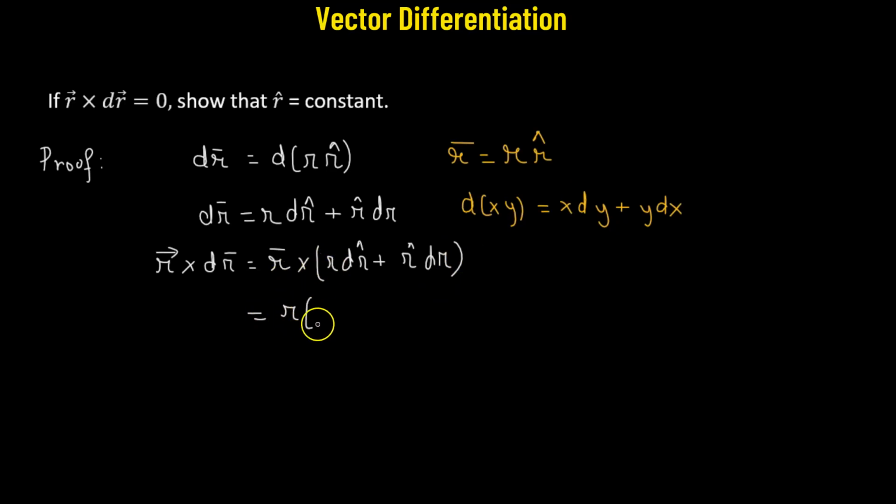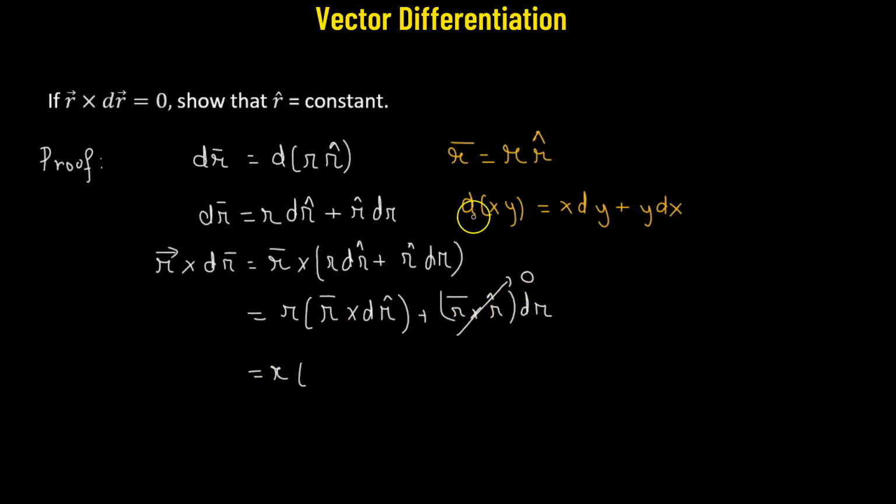So we have r multiplied by r vector crossed with dr cap, plus r vector crossed with r cap, because we can only take the cross product between two vectors. dr is a scalar. Then r vector and r cap are both in the same direction, so by definition this will go to 0.